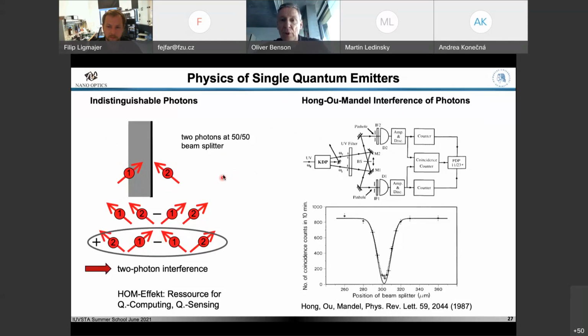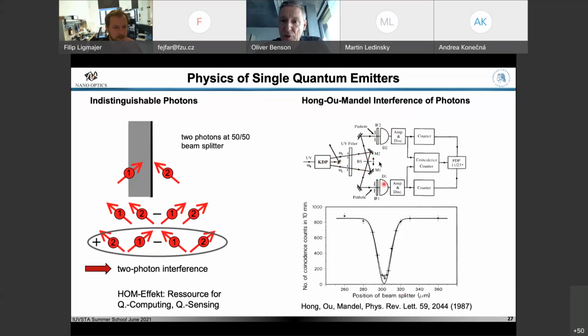And this process is so-called Hong-Mandel two-photon interference, and it was observed quite some time ago by Hong and Mandel. They created two photons in a nonlinear process, collided these two photons on a 50-50 beam splitter and measured coincidences.